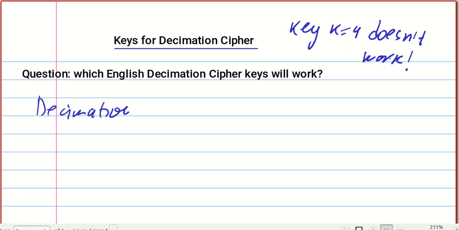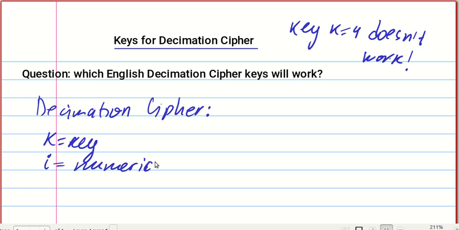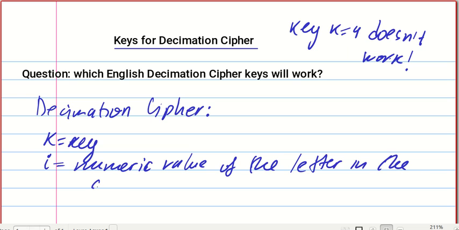So the decimation cipher works like this. We have a key k. We have I, which is a numeric value of the letter in the alphabet.